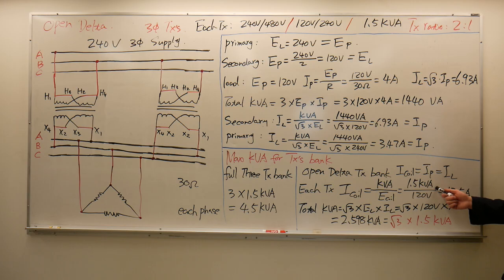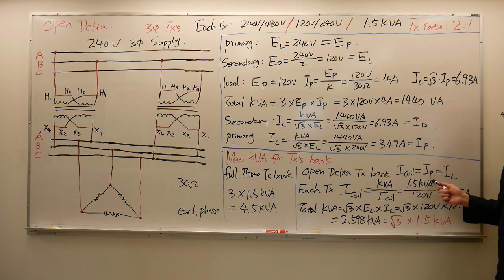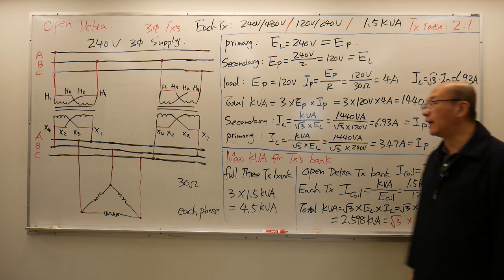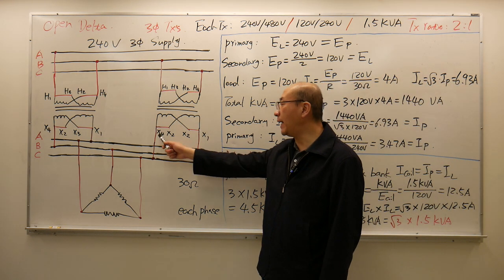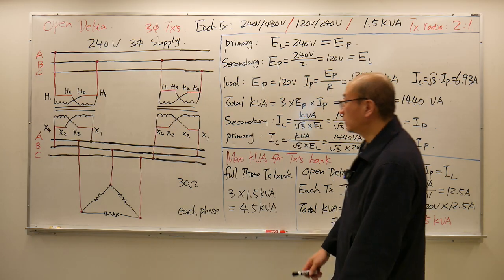I have 1.5 kVA for each transformer. The coil voltage is 120 volts. That gives me 12.5 amps. This coil current is the phase current, and will also be the line current because of the open delta connection. One of the lines is supplied by only the phase of this transformer coil.